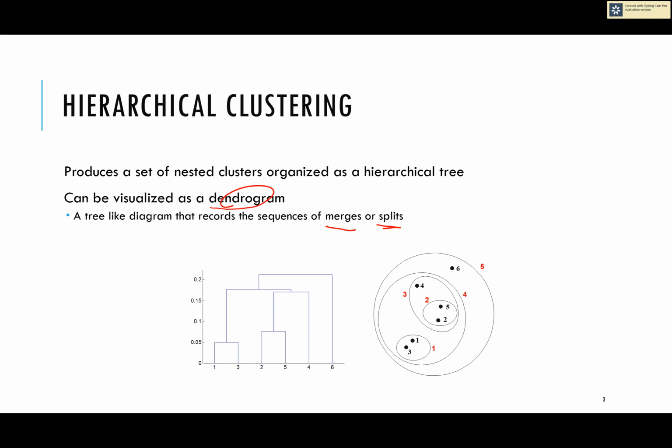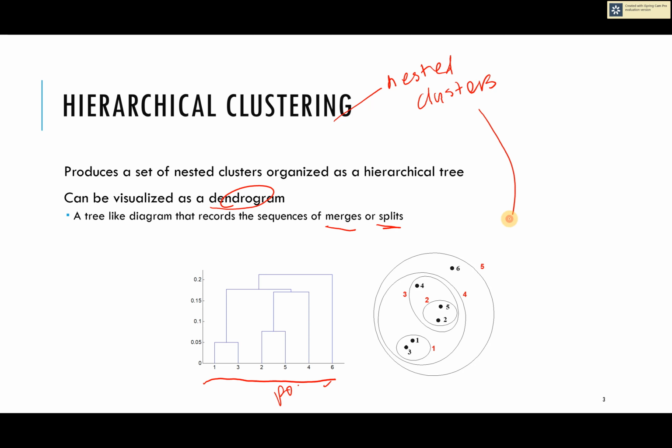And then we know that in the previous slide, there are two types of clustering, right? Partitional clustering, where it is non-overlapping subsets or non-overlapping clusters. Now, in hierarchical clustering, it is a set of nested clusters, right?